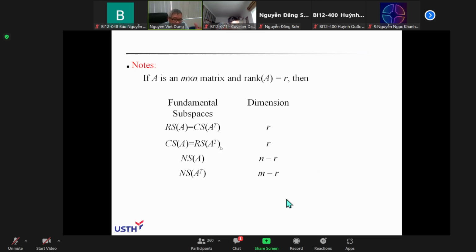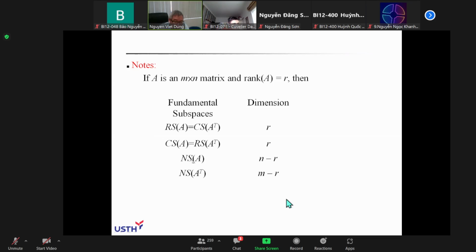On the right hand side, we have the four fundamental subspaces: row space, column space, null space, and left null space. The dimension of the row space and column space is a, exactly the rank of A, by definition. The null space of A has dimension n minus a, as we saw on the previous slide. And the left null space has dimension m minus a.